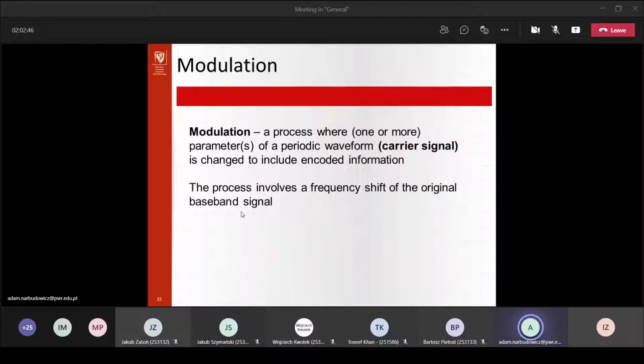And just as a side note, what I wanted to point out is that, looking from the principle of the electronic equipment, you are shifting the frequency of your signal. So in effect, you are generating signal at new frequencies that were not used previously.